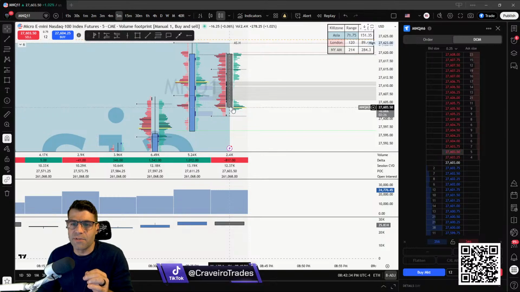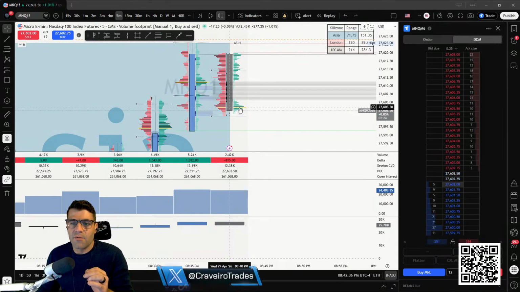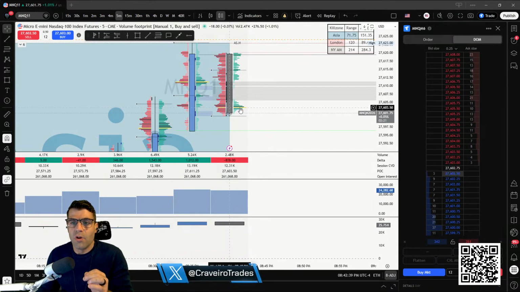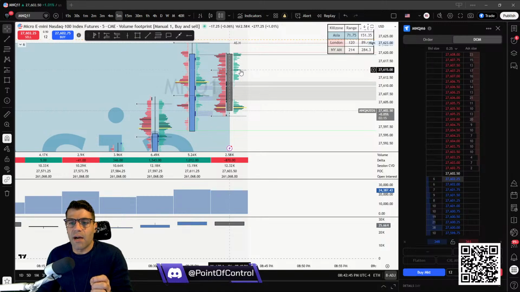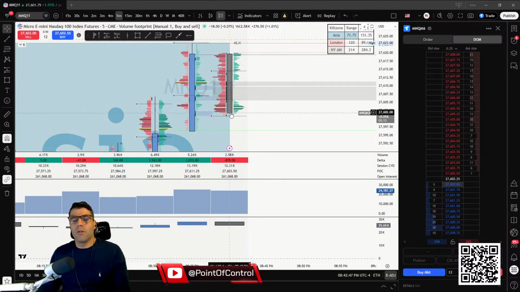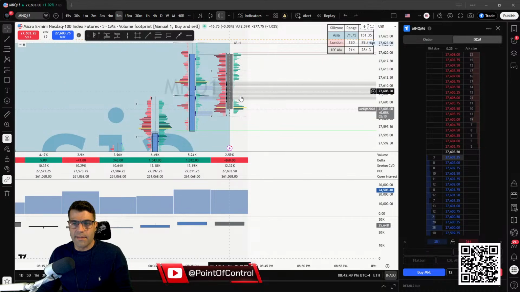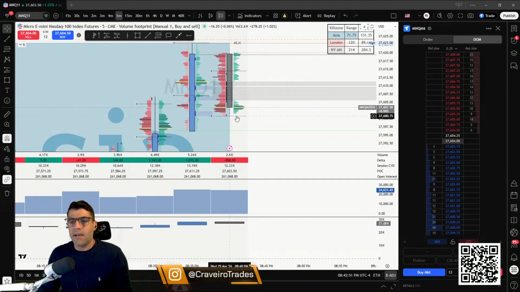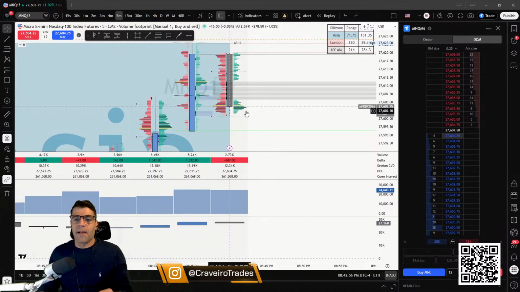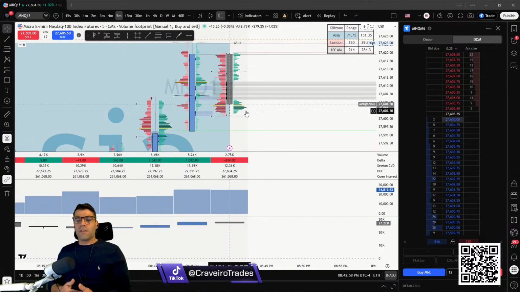I also want to see, this yellow line represents the point of control within that candlestick. On each candlestick in the volume footprint, we also have a value area low and a value area high. I want to see this candle close and hold these imbalances and close below the point of control. That now tells me order flow has flipped.